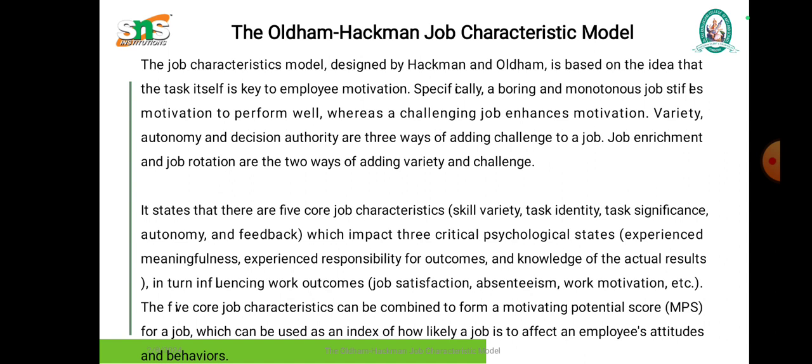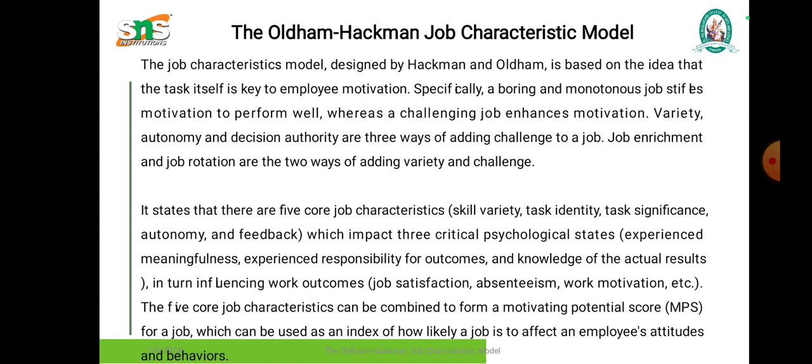So it states that there are 5 core job characteristics: skill variety, task identity, task significance, autonomy and feedback. These impact 3 critical psychological states, that is, experienced meaningfulness, experienced responsibility for outcomes and knowledge of the actual results.